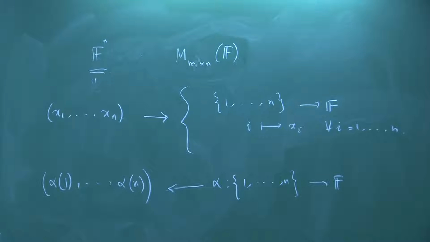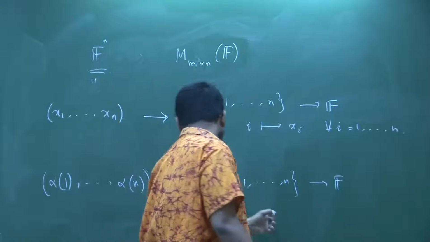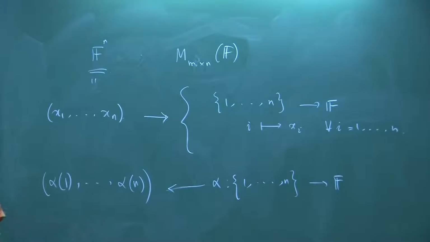So, we know that given a tuple we can construct a map, and given a map we can construct a tuple. And it is also easy to see that these two processes can be regarded as inverse to each other. Why?